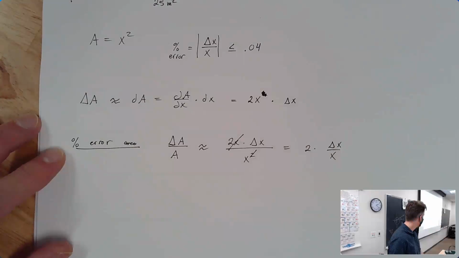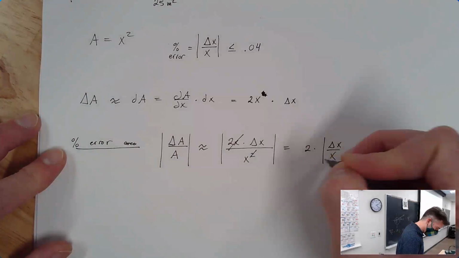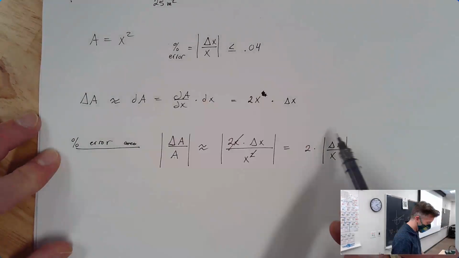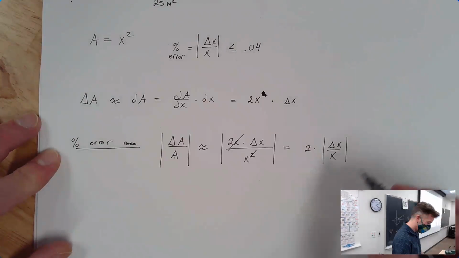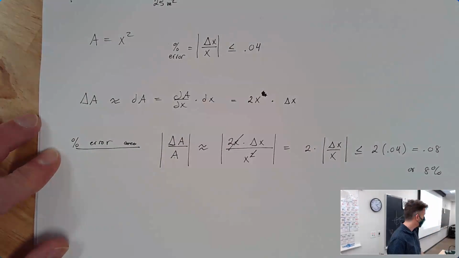Well, if we put absolute values on everything, like we should, we know that delta x over x in absolute value is less than or equal to 0.04, 4%. This is less than or equal to 2 times 0.04, which is 0.08, or 8%.